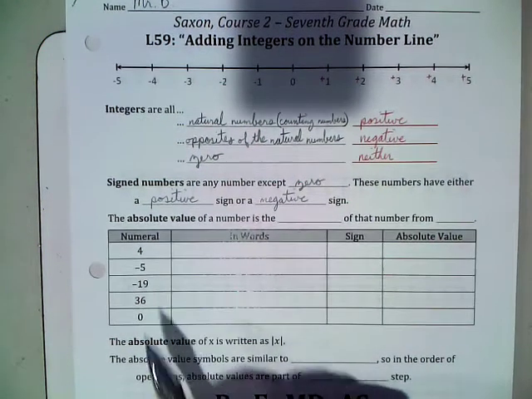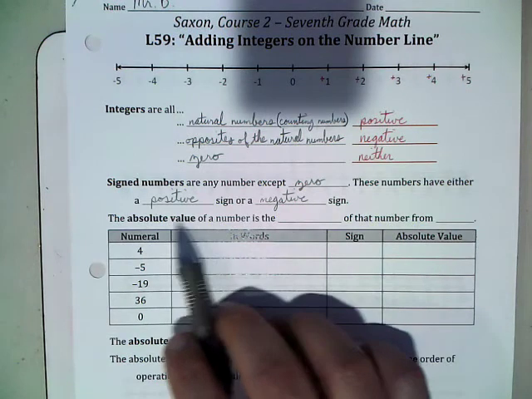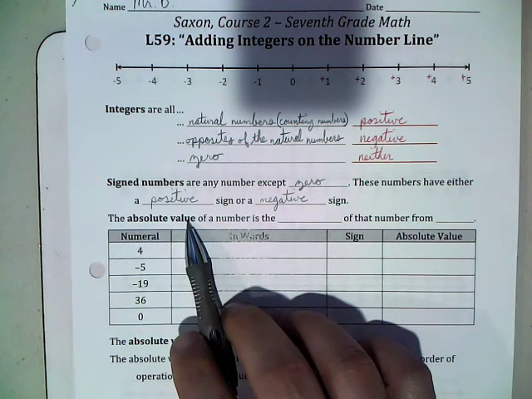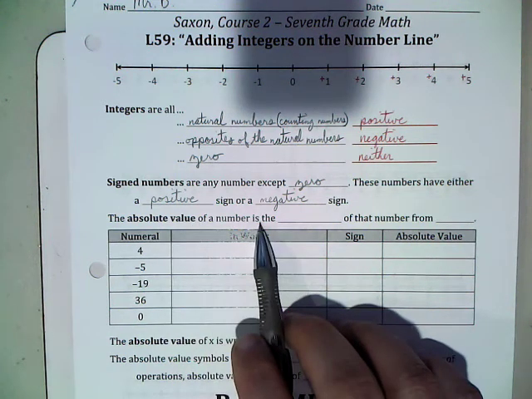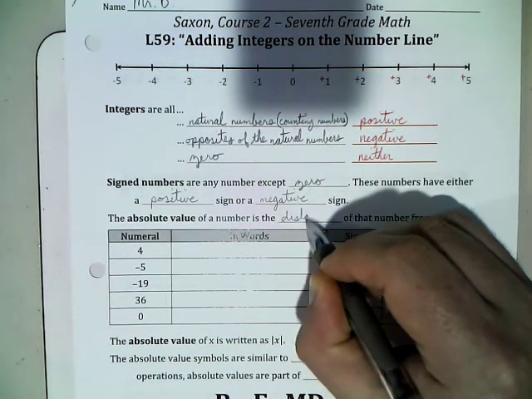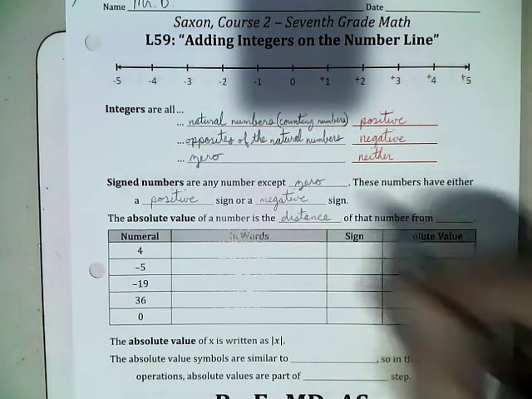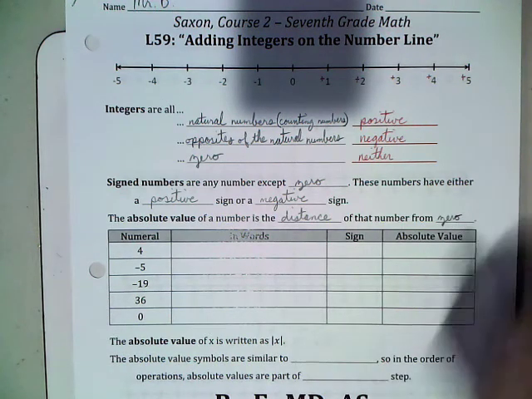Well, the absolute value of a number is a way of looking at its value. Okay, or in this case, it's going to be the distance. We're going to think of the value as the distance of that number from 0.